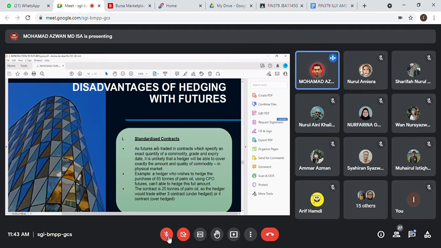For example, FKLI every lot is 50 ringgit, the multiplier, and you have to close the contract at the end of the contract month. And for example, for FGM and FKB3, you only have 4 contract months available in a year: March, June, September, December. All are standardized.